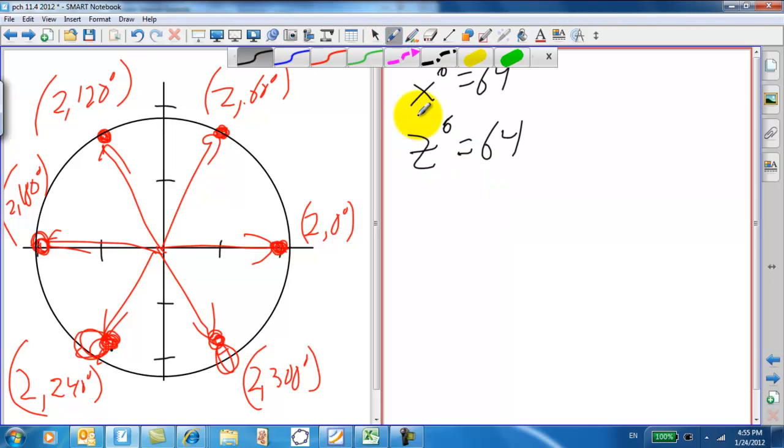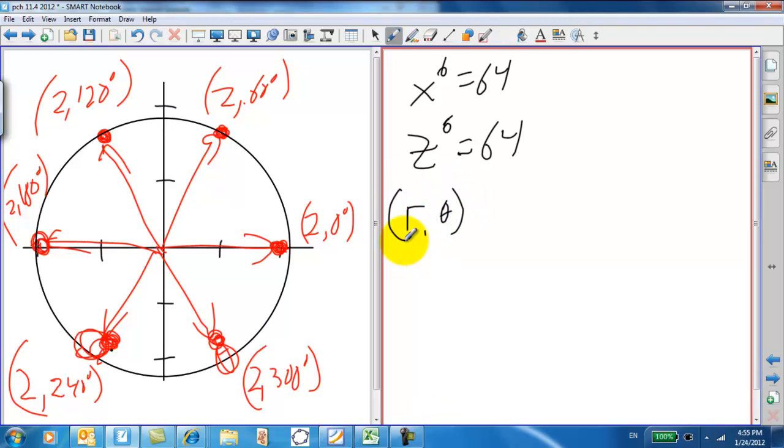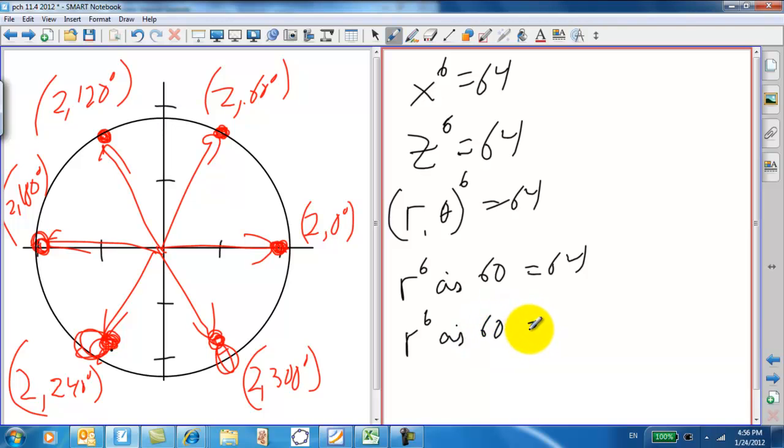Instead, we're going to pick z as r at an angle theta and raise that to the 6th equals 64, or r cis theta. So we get r to the 6th cis 6 theta equals 64. Now, I'm going to set that equal to 64 in its polar form. 64 is 64 plus 0i.